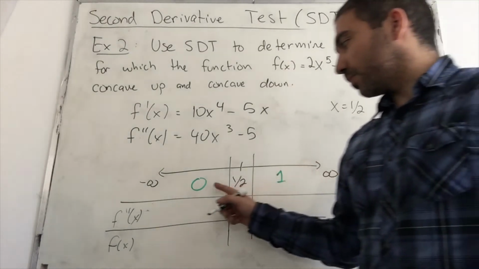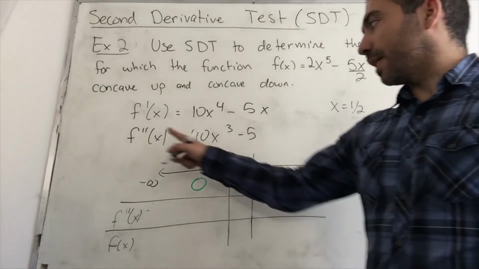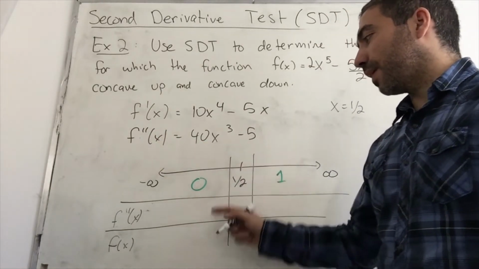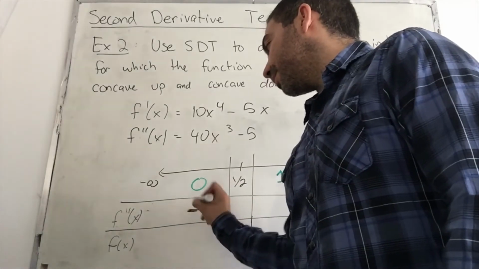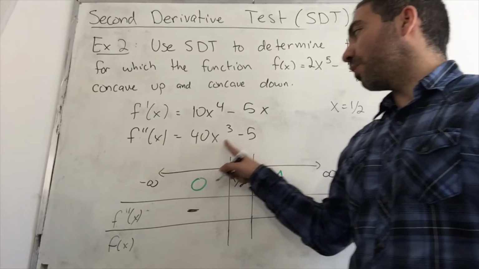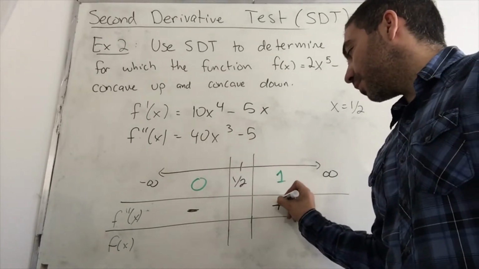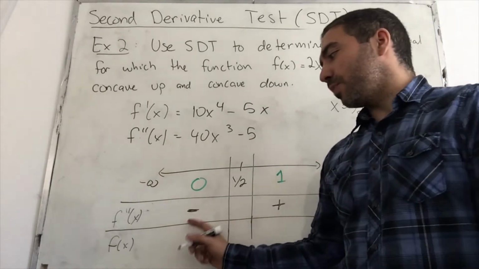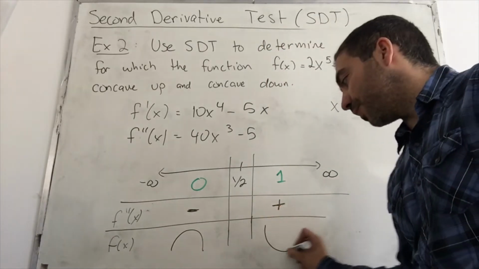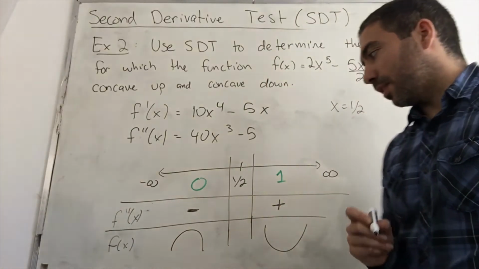So when we plug in 0 into the second derivative, we get 40 times 0 cubed minus 5, so 0 minus 5, we get a negative value. Okay. And when we plug in 1 into here, we get 40 times 1 minus 5, which is a positive value. So here we know that on this interval it's concave down, and here because it's positive, we know the original function is concave up. And that's the idea.